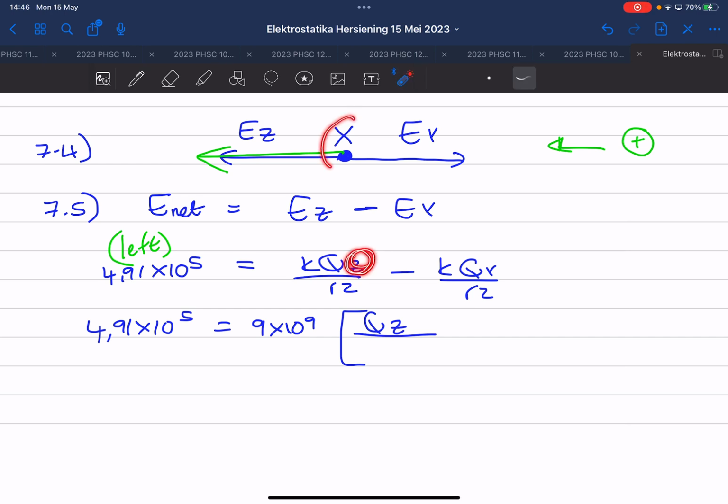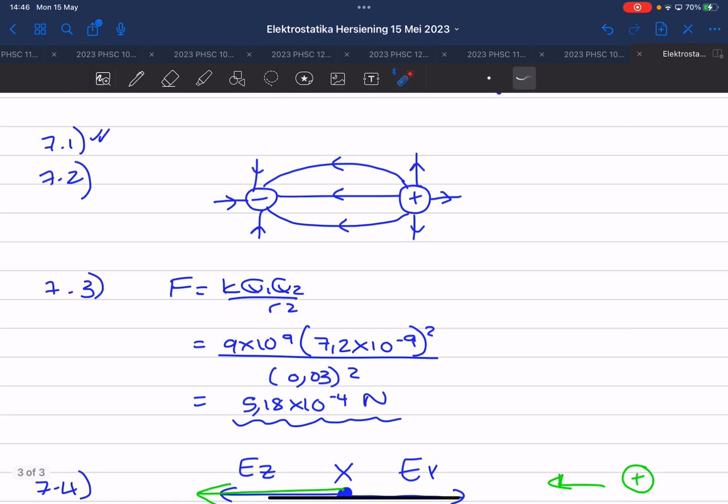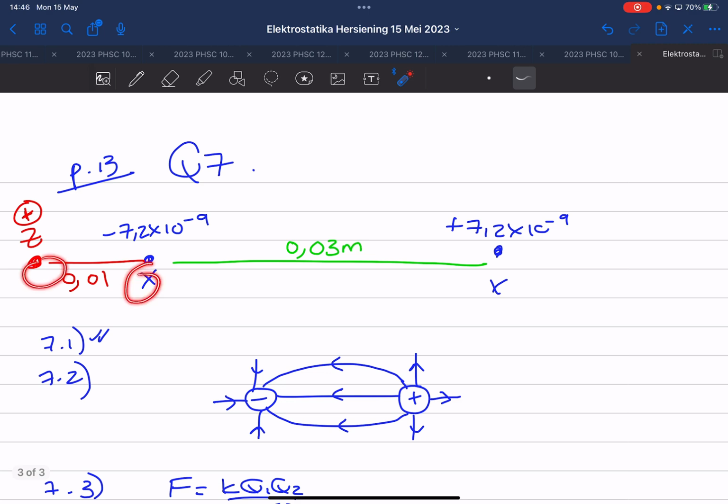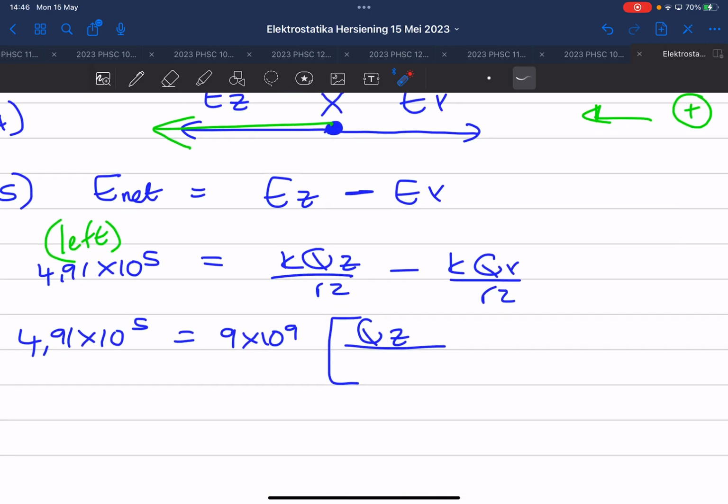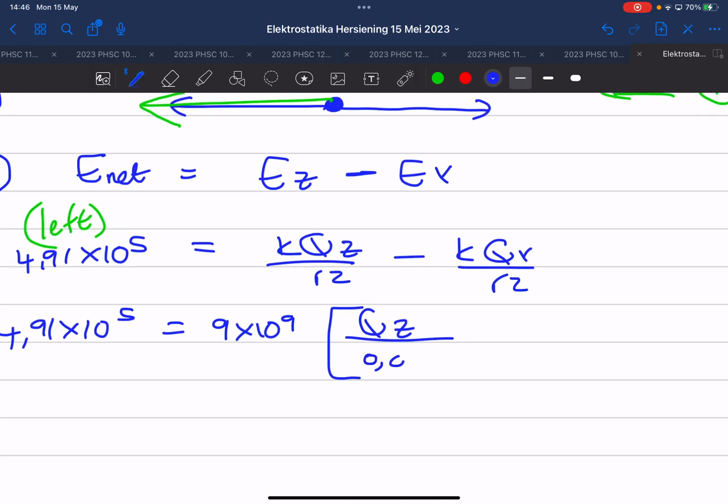Tussen Z en X. The distance between Z and X. Z is 0,01. 0,01 squared minus... Hy is 7,2 maal 10 to the mag minus 9. En daai afstand is 0,03 kwadraat.